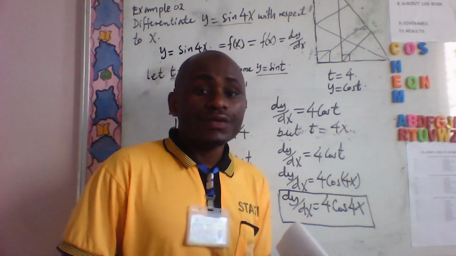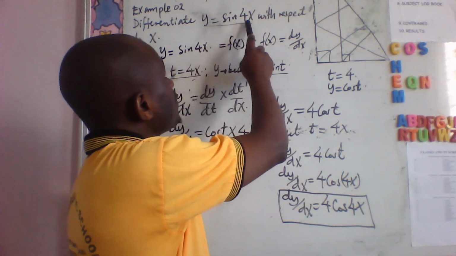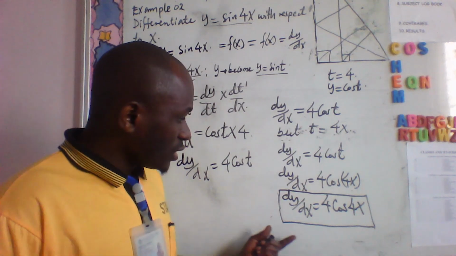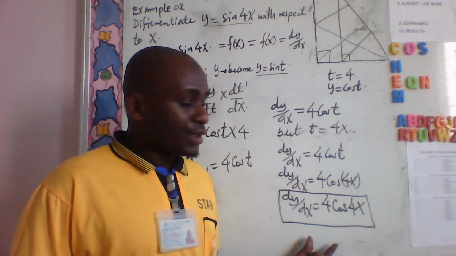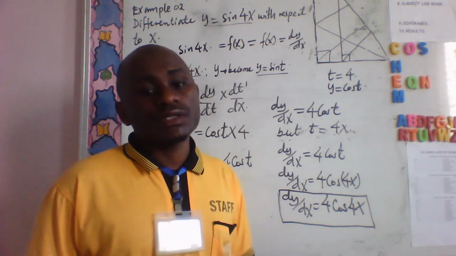So when you differentiate y is equal to sine 4x, the result we end up with is dy over dx is equal to 4 cos 4x.